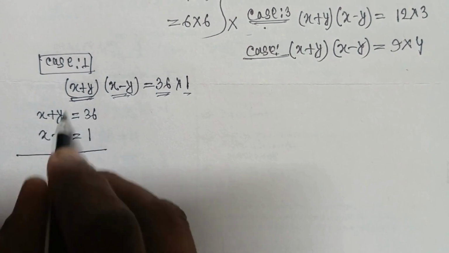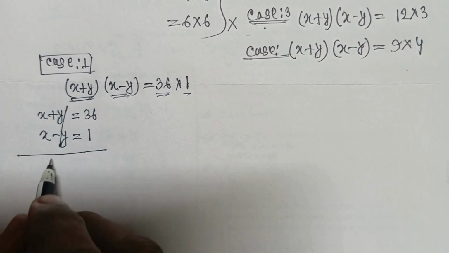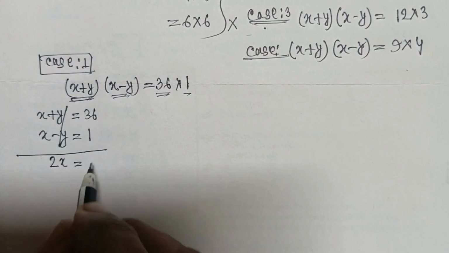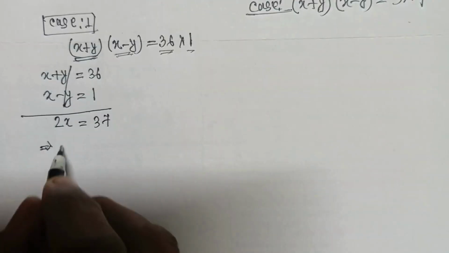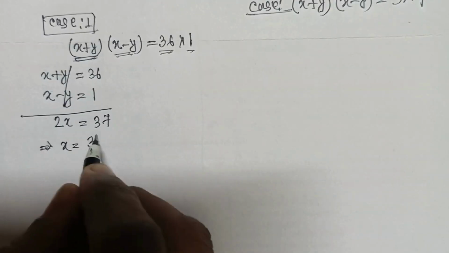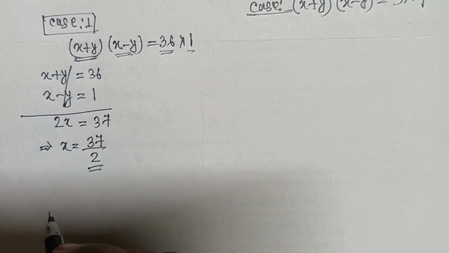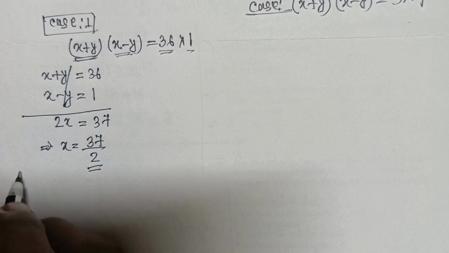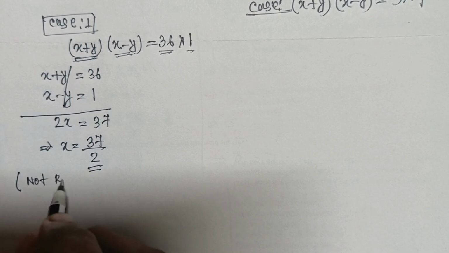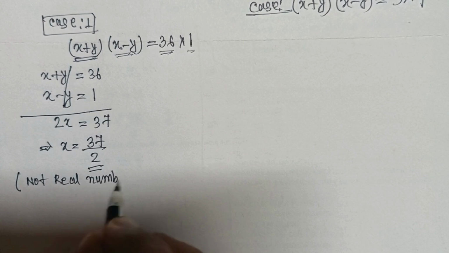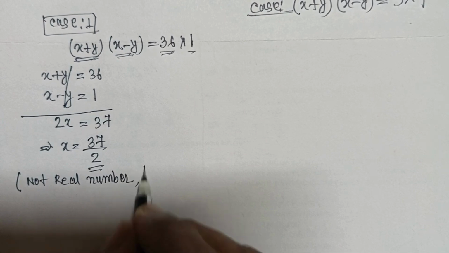Now if we add, this will cancel out. We get 2x is equal to 37, then x is equal to 37 by 2. So this is a fractional number, not a real number, so it is rejected.